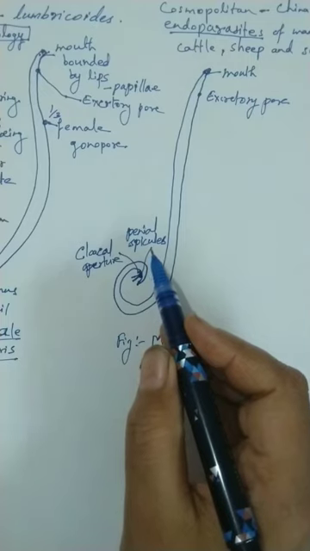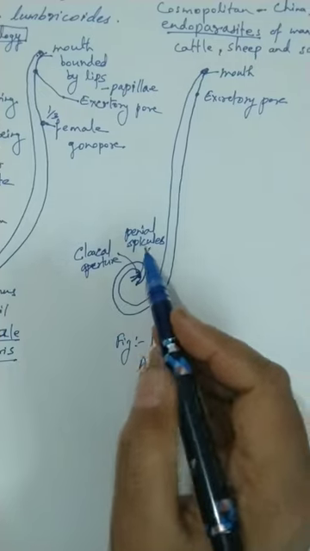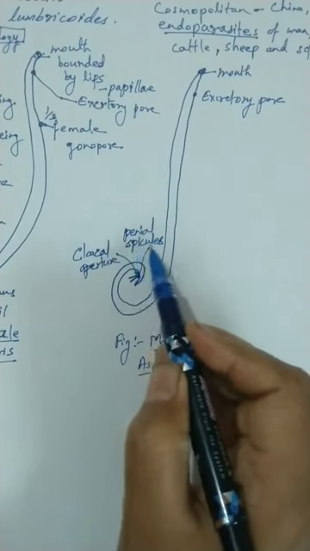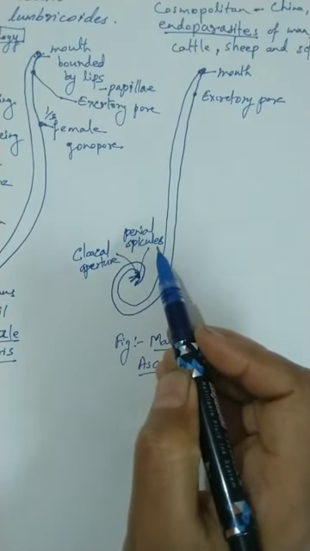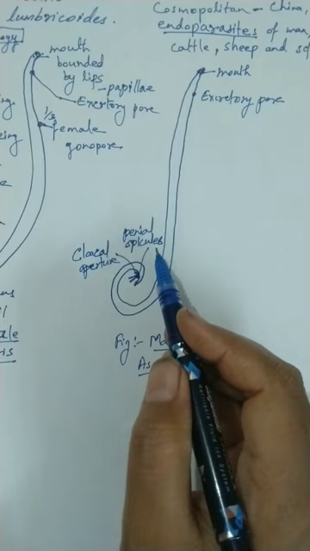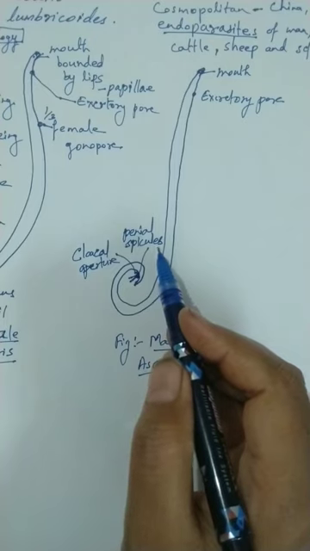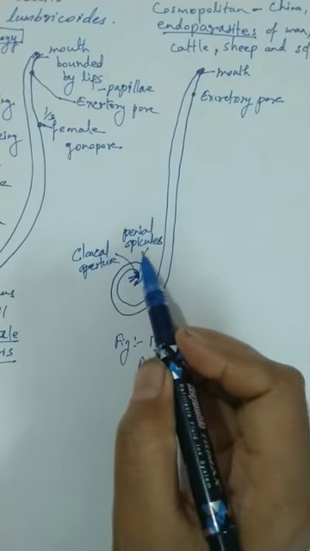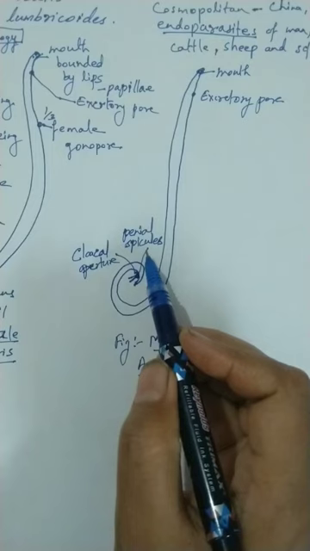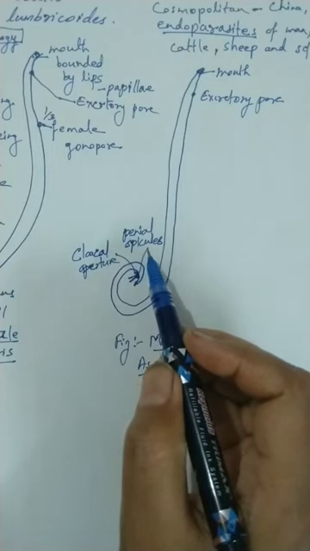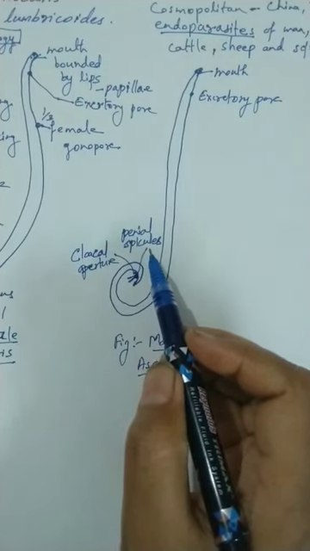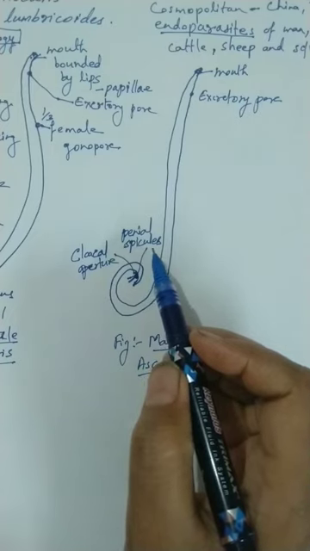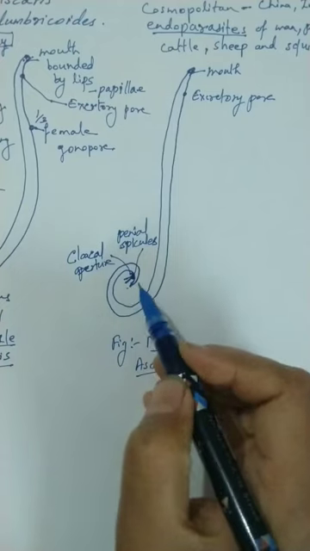These are called penial spicules. This is the penial spicule, which serves to transfer sperms into the female vagina during copulation. The part of the caudal end behind the anus or cloacal aperture may be called the tail.